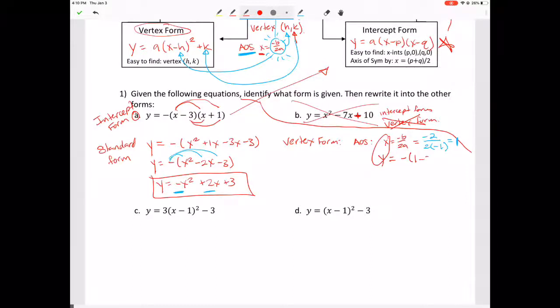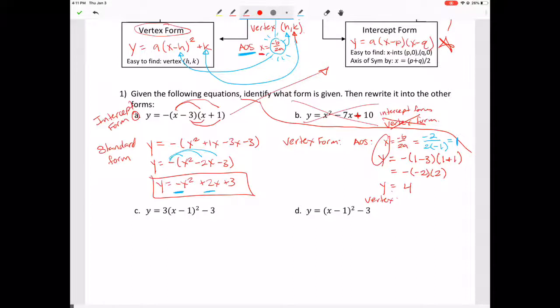That gives us 1 minus 3, and then for our other x, 1 plus 1. Simplify: that gives us negative 2 times 2, which gives us a positive 4. Okay, so now we have our vertex.